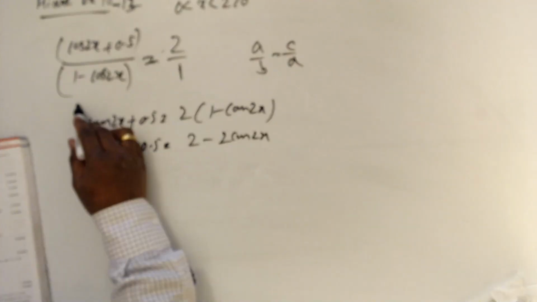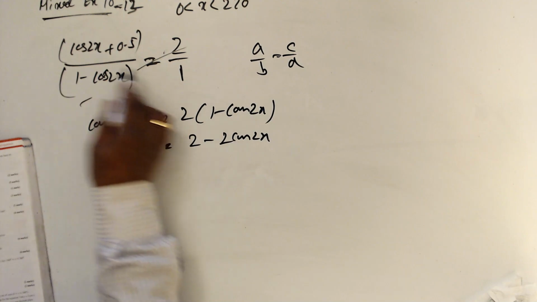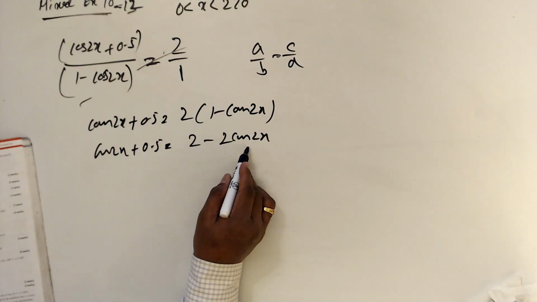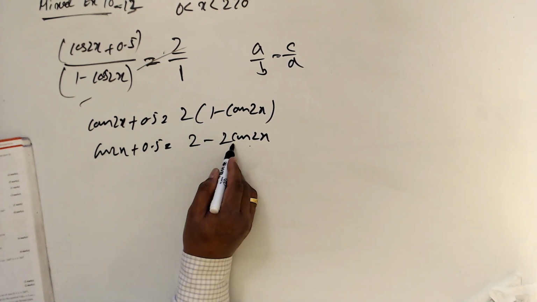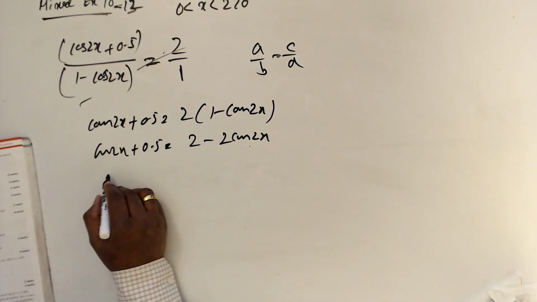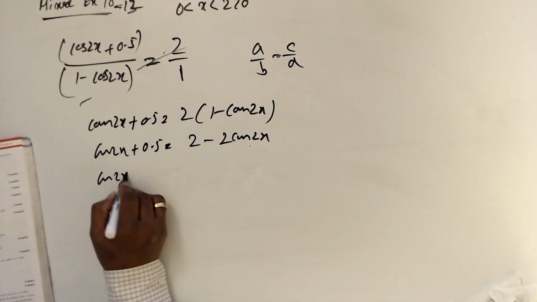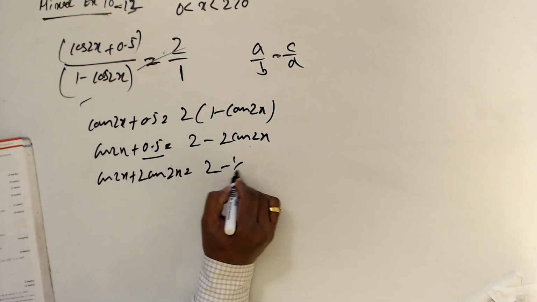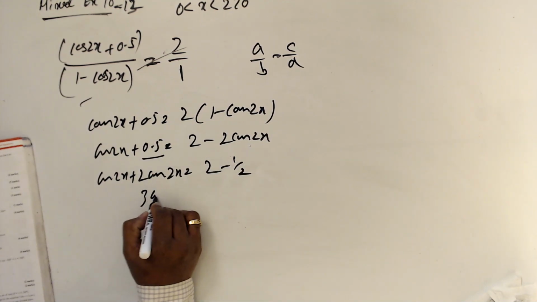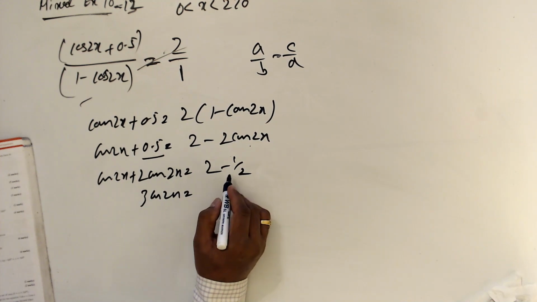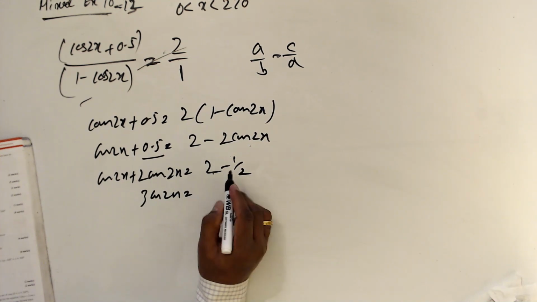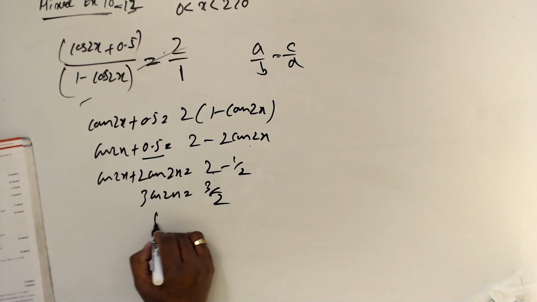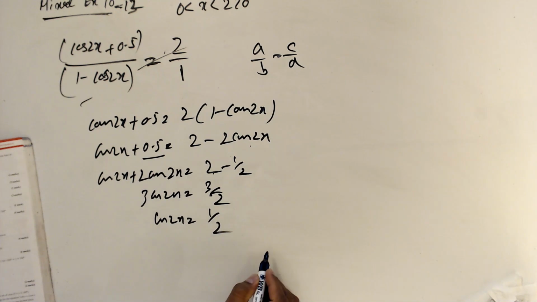By cross multiplying and expanding, I'll bring it to the right side: cos 2x plus 2 cos 2x equals 2 minus half. 3 cos 2x equals 1.5, which is 3 over 2. The 3s cancel out, so cos 2x equals half.